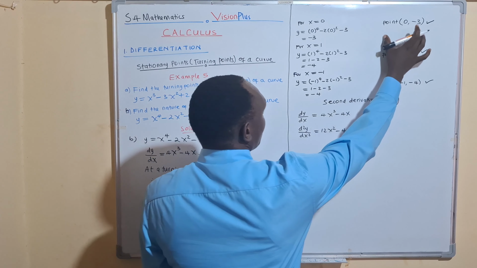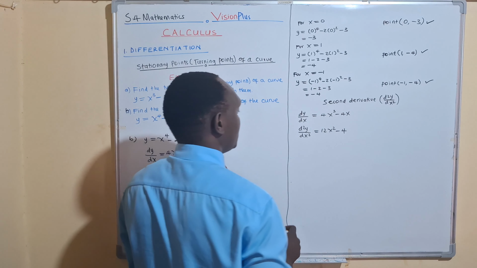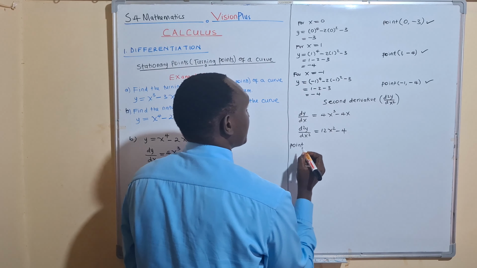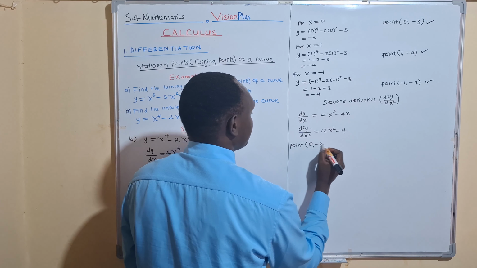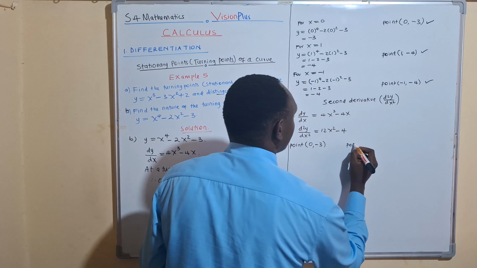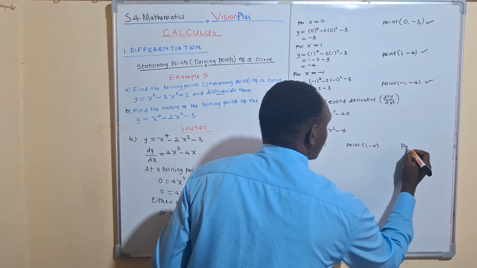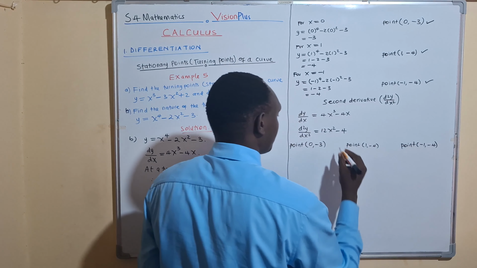So we need to test all the 3 points and see which one is which in terms of minimum, maximum, and point of inflection. For the first point, I will test here. I will test the second point here, 1 and negative 4. Then finally, I will test the last point here, which is negative 1 and negative 4.